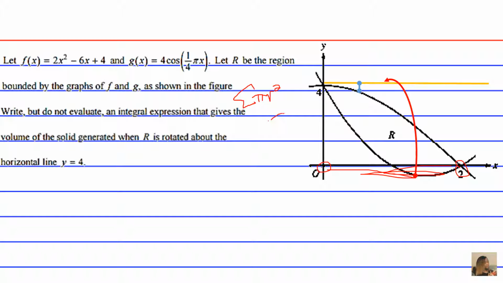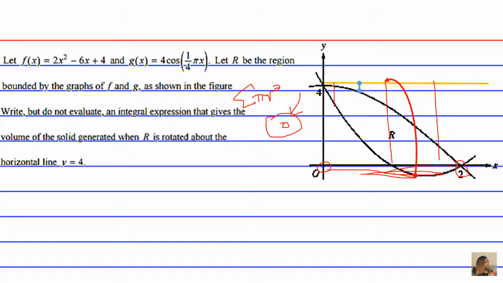But we're not just taking circles, we're actually calculating the surface area of a disk. Because if you were to slice this solid, you're going to get something that looks like this.